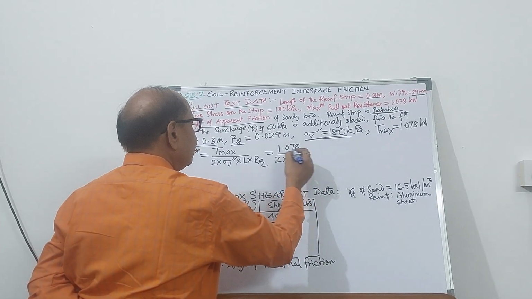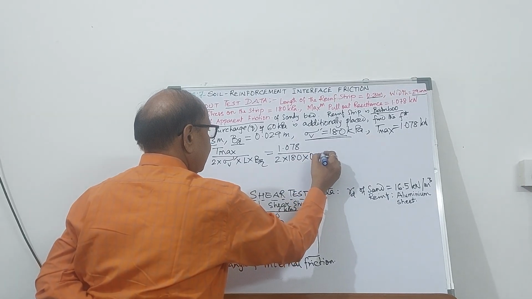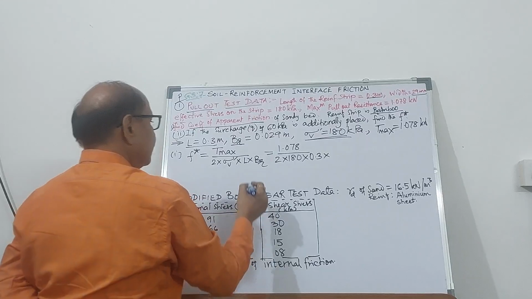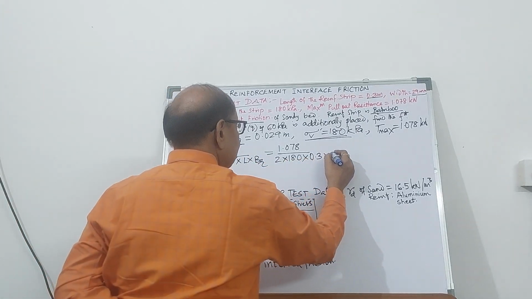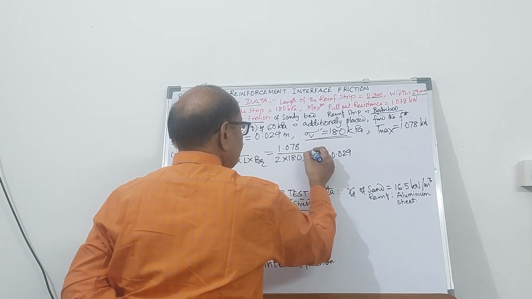The length of the strip is 0.3, and the width of the reinforcement is given as 0.029.